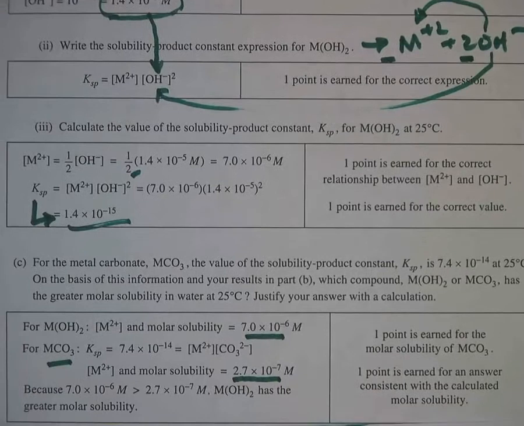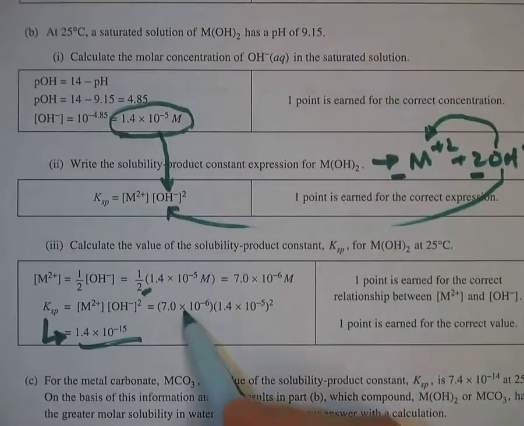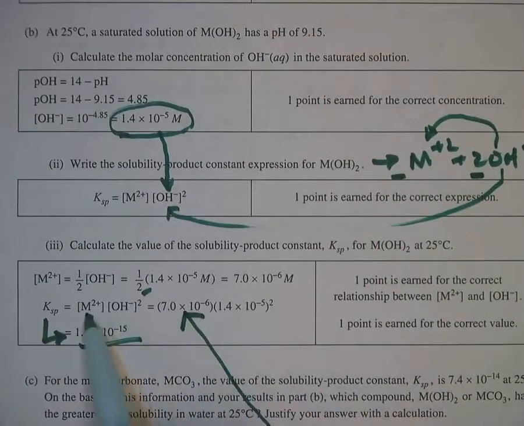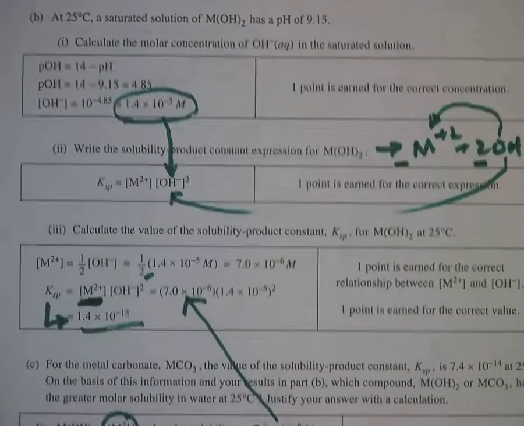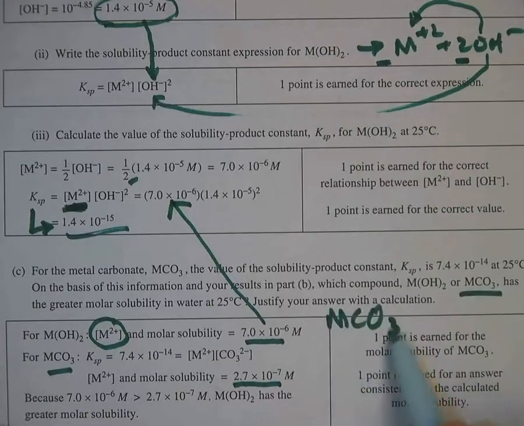You'll notice that the molar solubility here is taken from right up here, because that's M's concentration in there. And then to find the molar solubility of M 2+ in the MCO3, remember that the MCO3 dissociates to form M 2+ and CO3 2 minus.